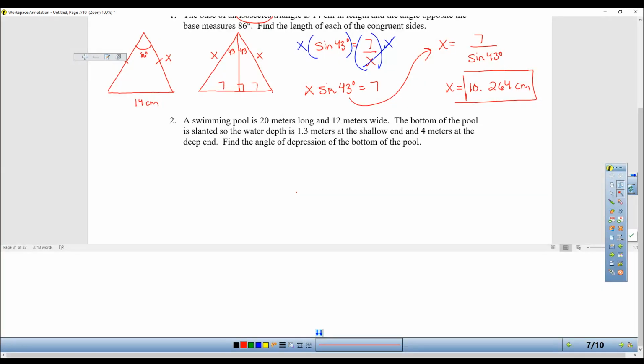A swimming pool is 20 meters long and 12 meters wide. The bottom of the pool is slanted, so the water depth is 1.3 meters at the shallow end and 4 meters at the deep end. Find the angle of depression of the bottom of the pool.